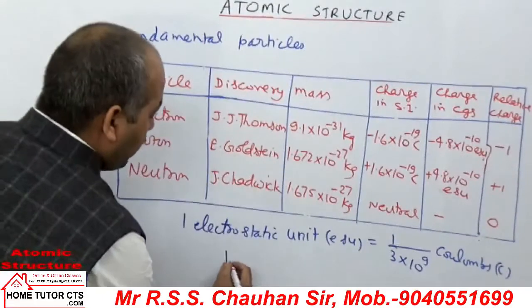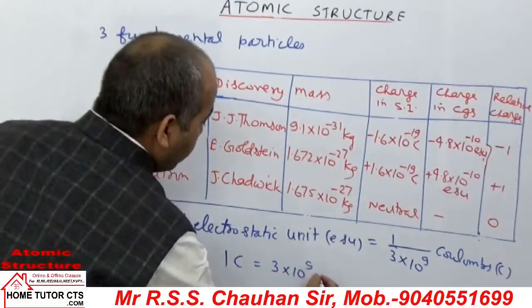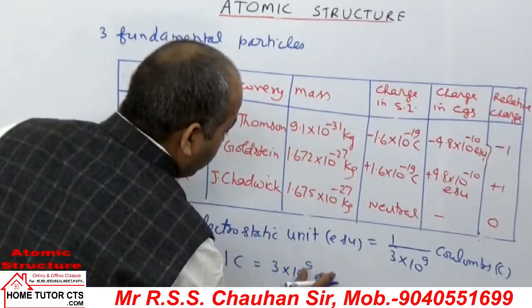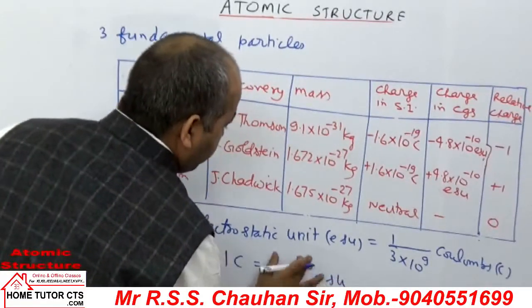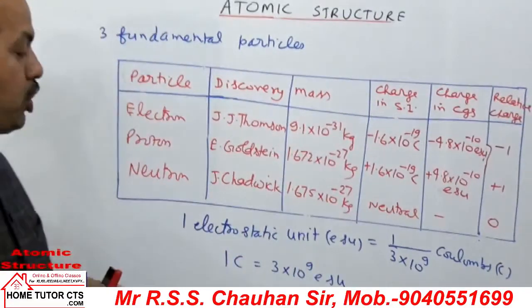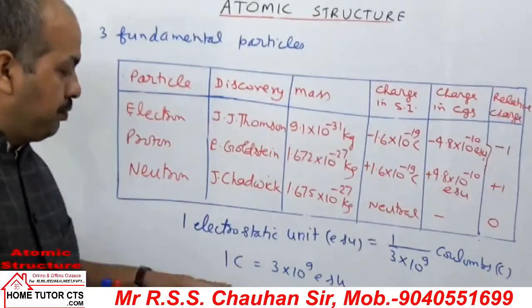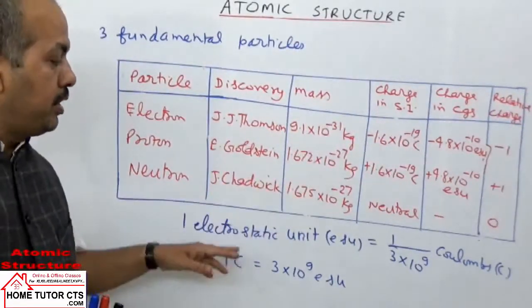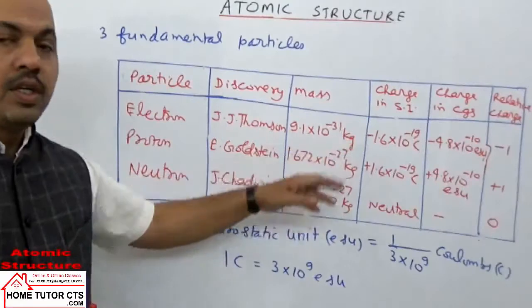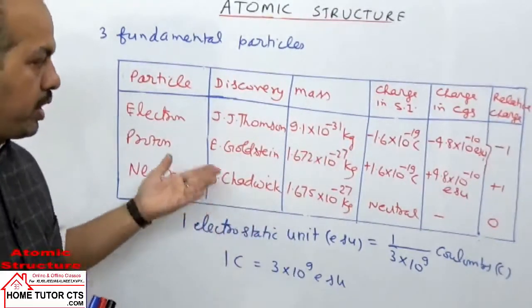Or you can write 1 coulomb is equal to 3 × 10^9 electrostatic units. That's the unit of charge in CGS and SI system. Keep it in mind, because in some questions it is required later on, not right now.